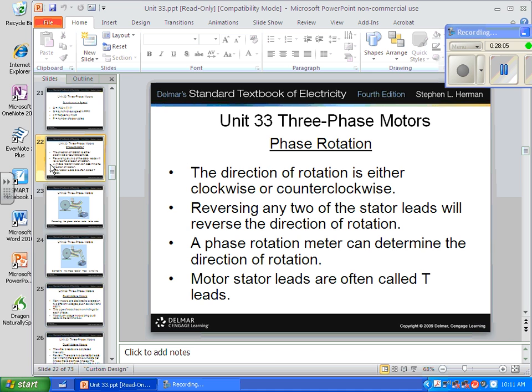Okay, three-phase motor phase rotation. Direction of rotation is either clockwise or counterclockwise. What a surprise! Reversing any two of the stator leads will reverse the direction of the rotation. A phase rotation meter can determine the direction of rotation before you start things up. Motor stator leads are often called T leads: T1, T2, T3.